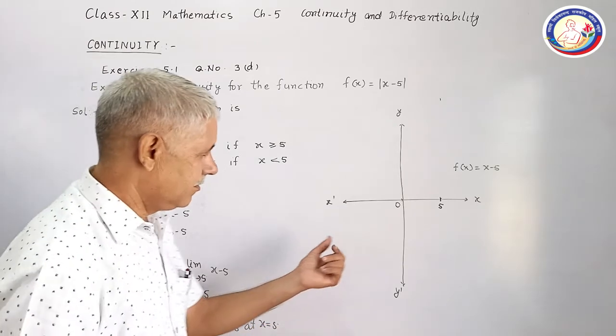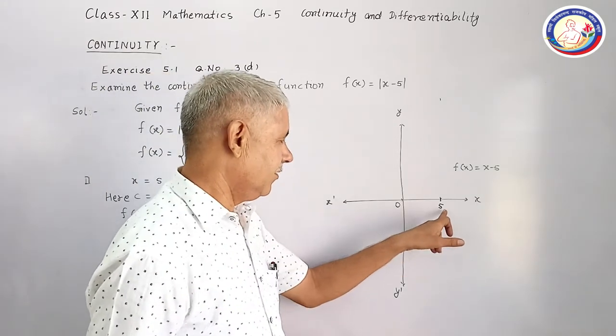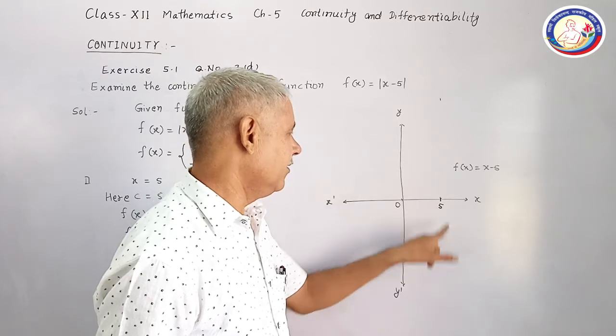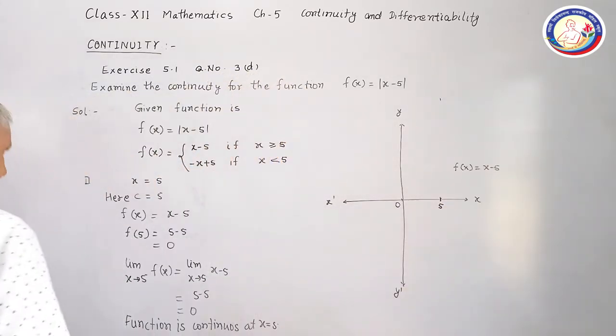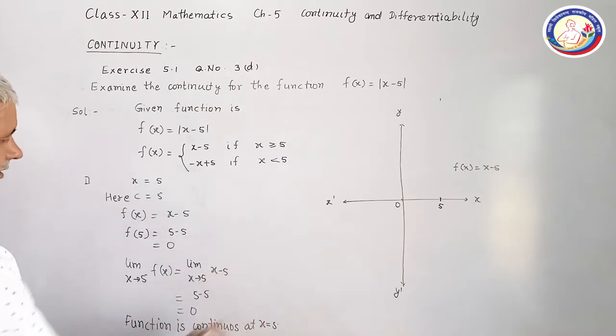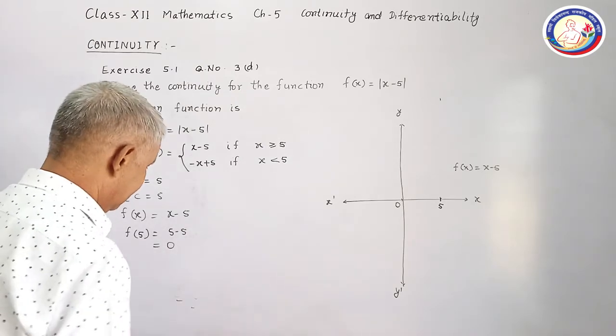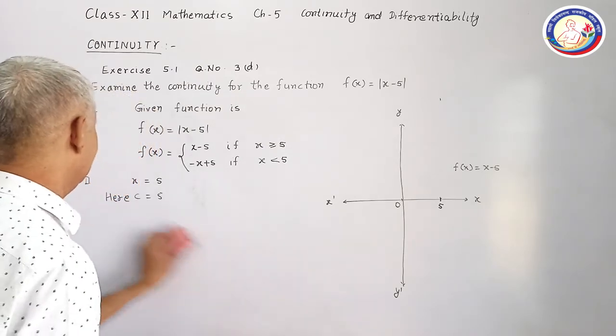So we have discussed for the values of x less than 5, equal to 5, and now more than 5. Third part, we can find the limit in an alternate way.